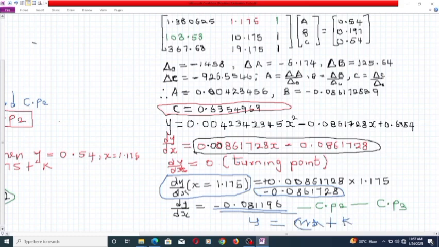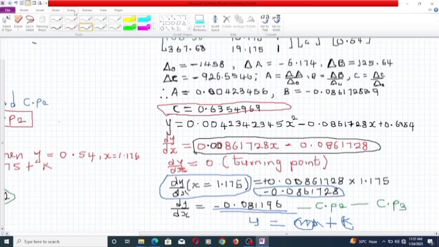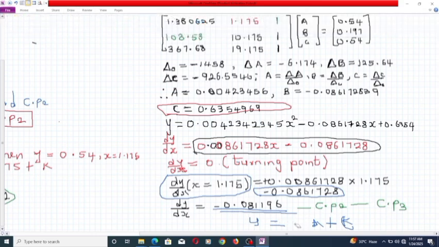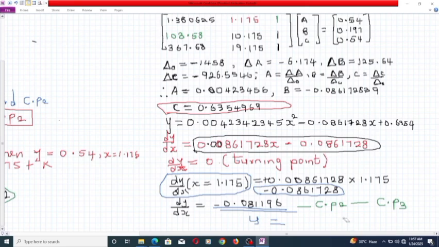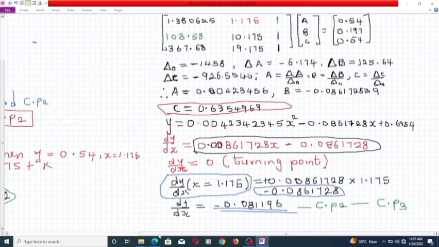We've already known our ms, so what we need to obtain is our k. We know our x, we know our y. So we just plug it into that expression so that we can obtain the intercept on the vertical axis of the beam.